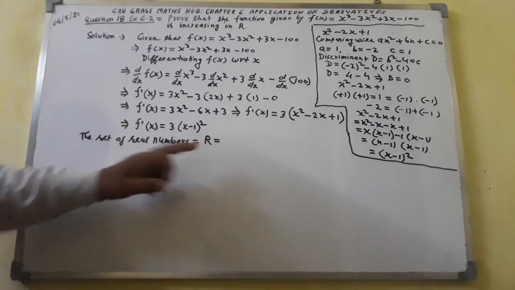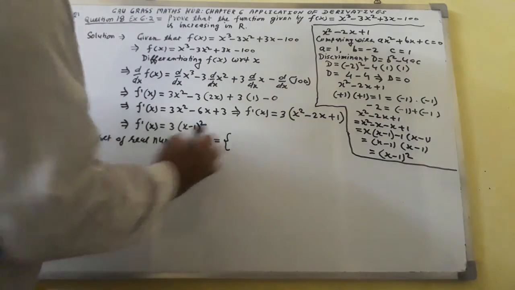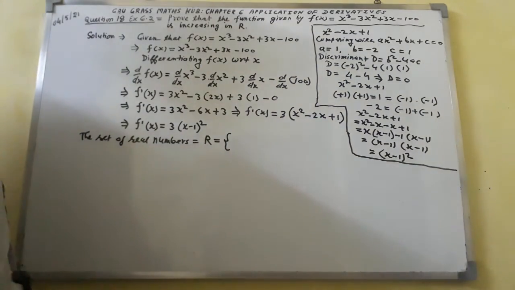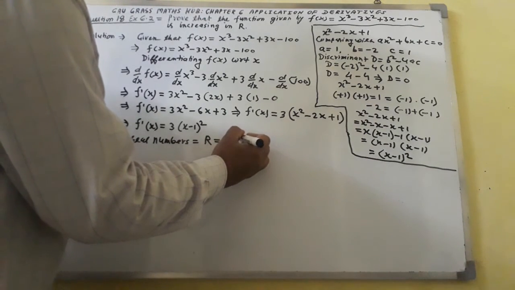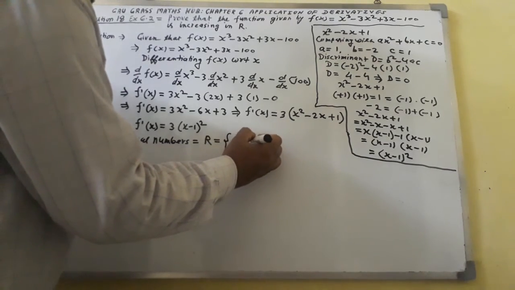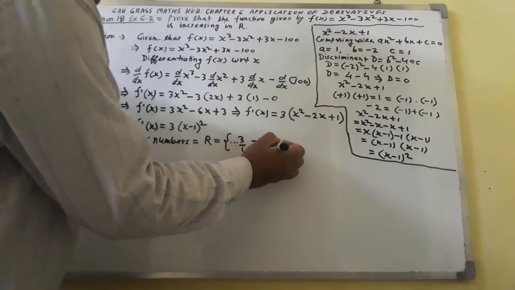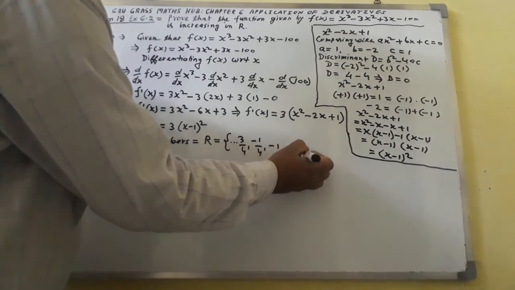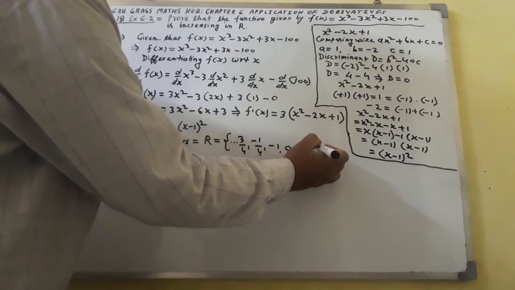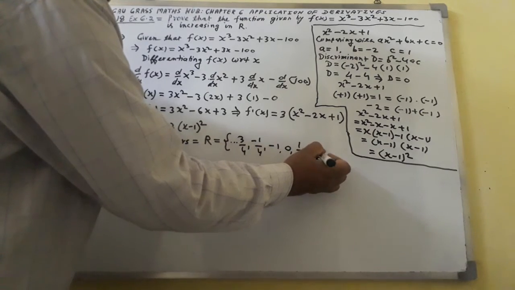I have taken capital R, comes out to be any value I can write here like dot dot dot 3 over 4, minus 1 over 4, minus 1, 0, 1 over 2, any value I can write here, minus 2 over 5.